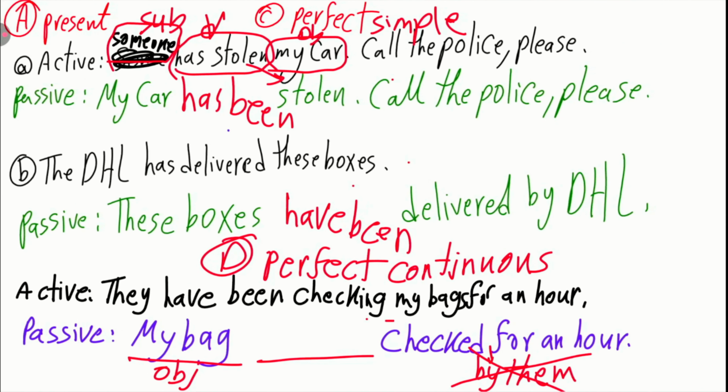The verb to be, my bags here, will be have been, of course, being. My bags have, as you see, have been being checked. Have been being checked, my friends.